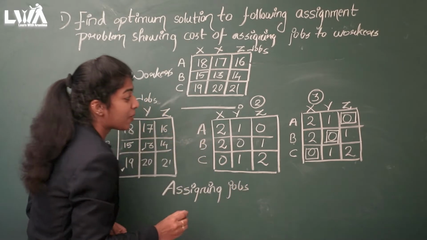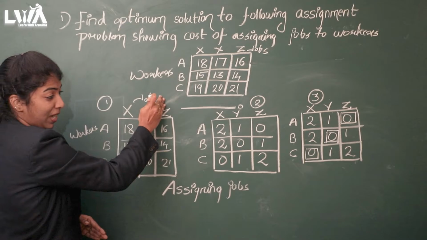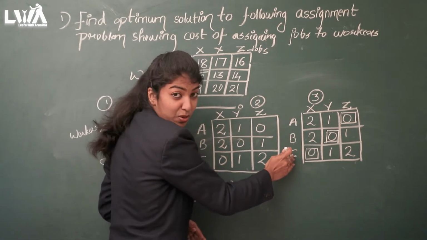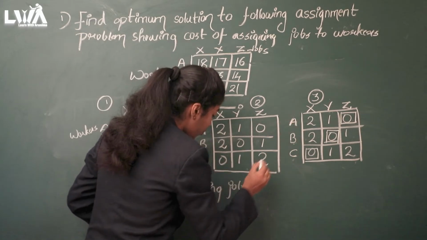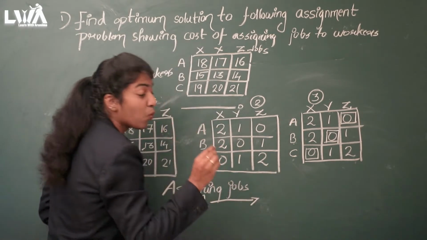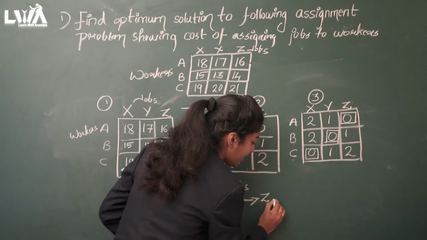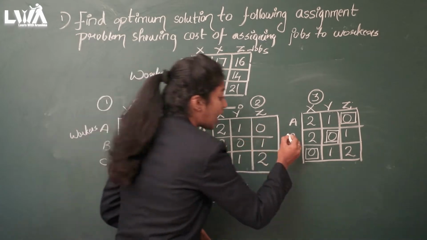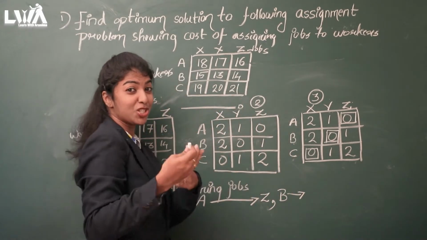Assigning jobs. Here, workers are mentioned, right? A, B, C are the workers. X, Y, Z are the jobs. So for the worker A, we are giving the job Z. Next, for the worker B, which job are we giving?